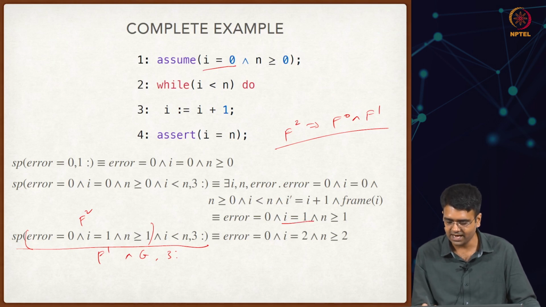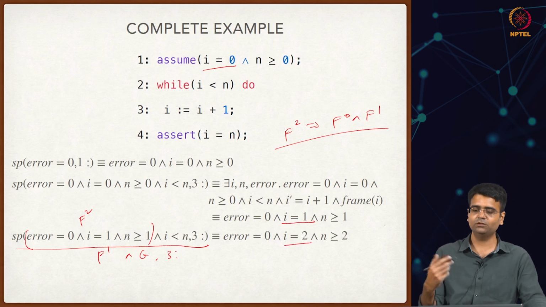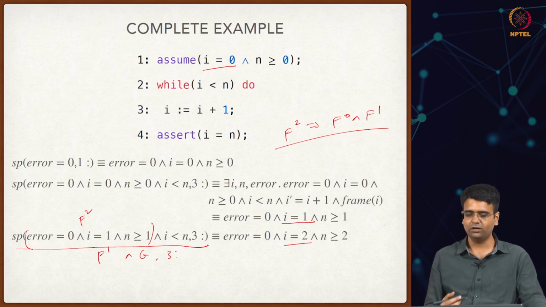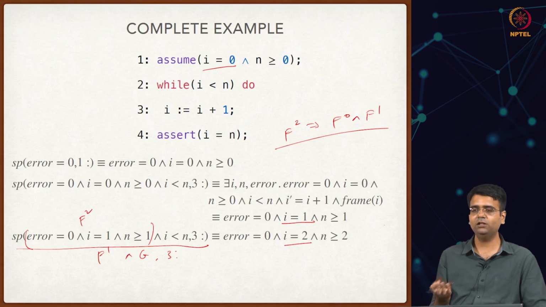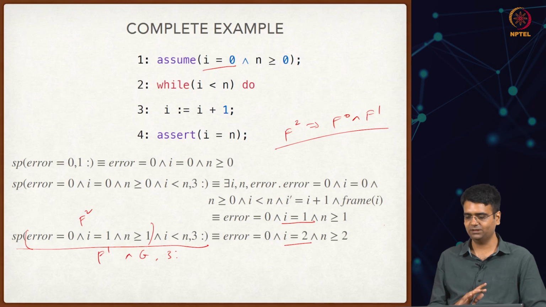In F1 I had I equal to 1, but in F2 I have I equal to 2, right. So in fact every time that you execute one iteration of this loop, you are going to see a new value of the variable I. So this is not going to match the value of I that was seen during any of the previous iterations. So therefore you will always discover a new state in every iteration of this loop.